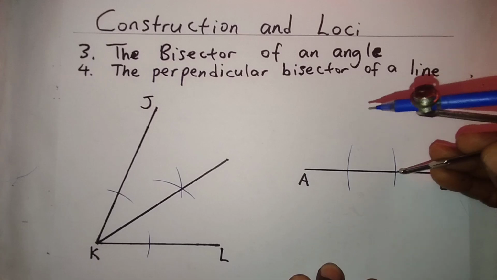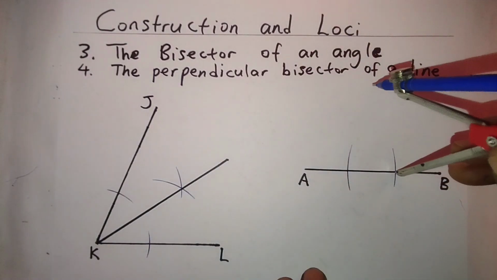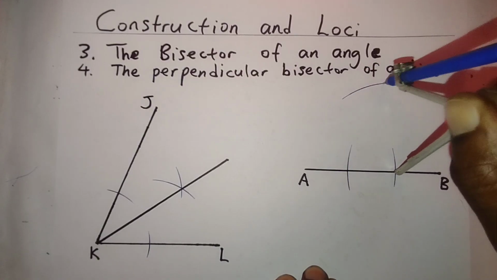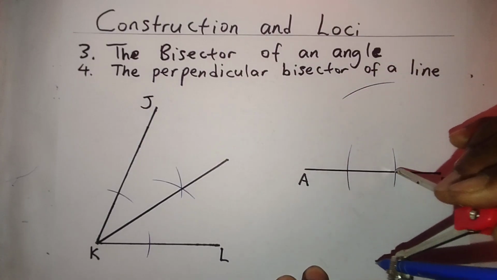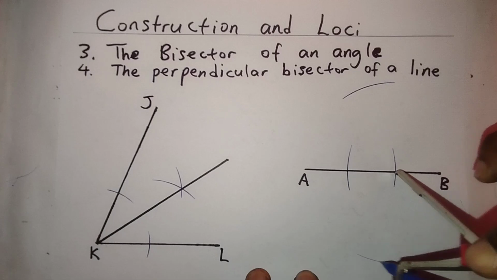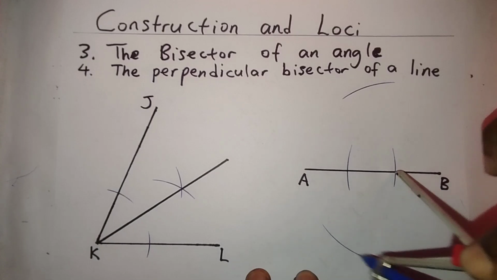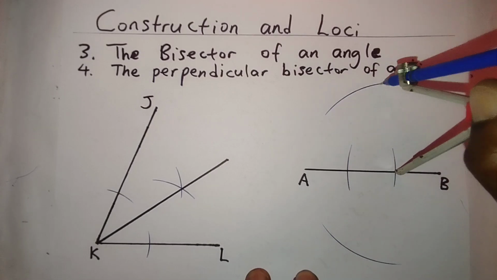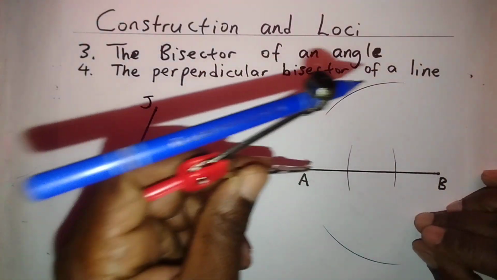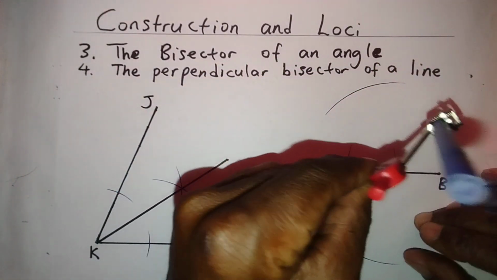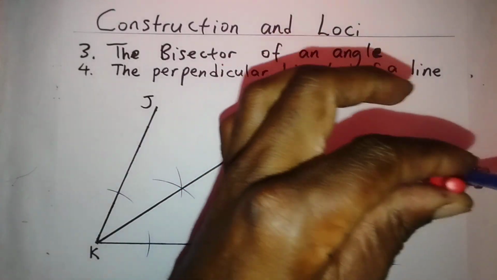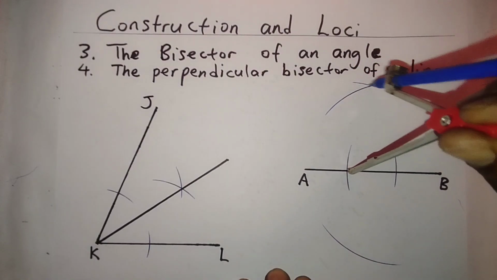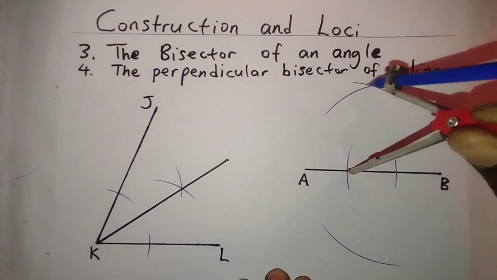With my new centers being the points of intersection of the arcs and the line AB, I will construct an arc here above AB and another arc below AB. Let me just extend this one so that the other arcs I'm going to construct will meet the previous ones. Now with my new center here, without altering the radius, I'll draw an arc which meets the previous one, which is above AB.